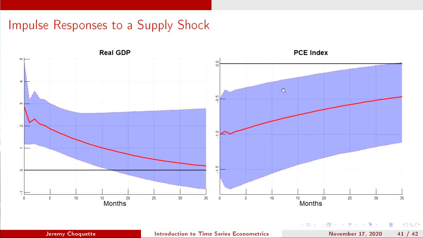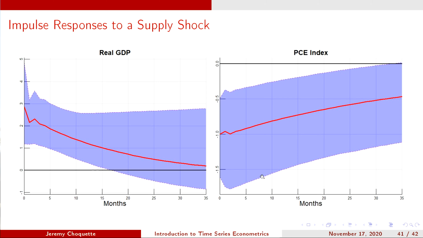When we look at the PCE index, well, this is a negative response here. If it's positive, I want this lower band to be above zero for at least some point so I can say there's a significant response over the time horizon that I'm looking at. For prices, where they drop in this case, I want this upper band to be below zero.